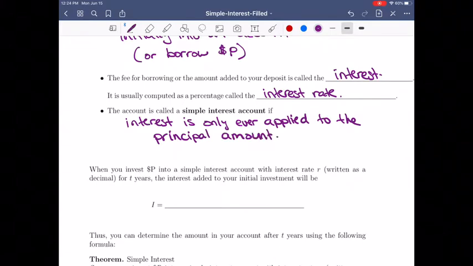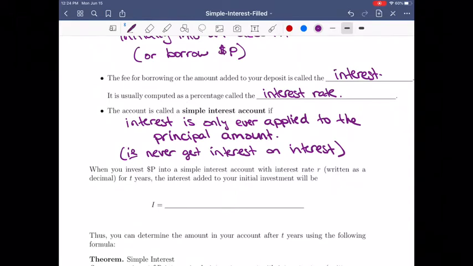In other words, you never get interest on interest. Once you put interest on the first time, your amount is bigger, but in a simple interest account, you'll only ever get the interest that's added on to your principal amount.